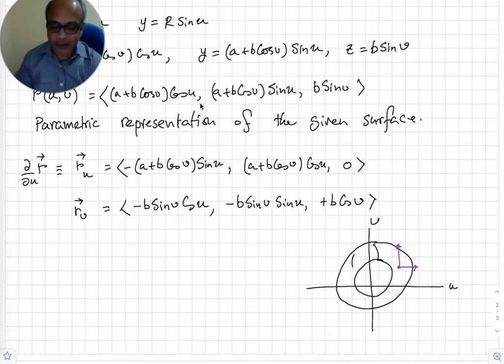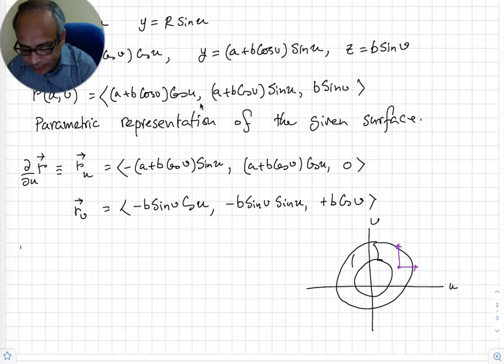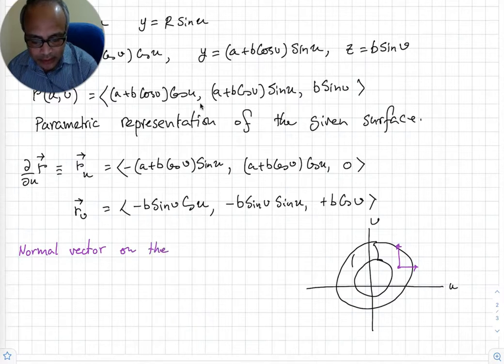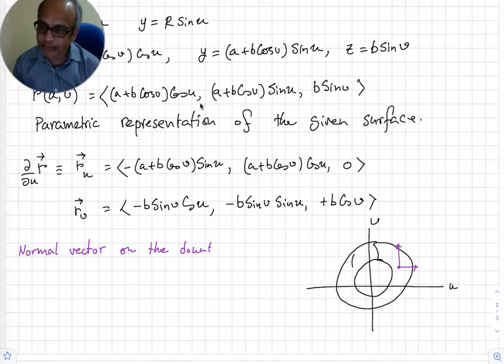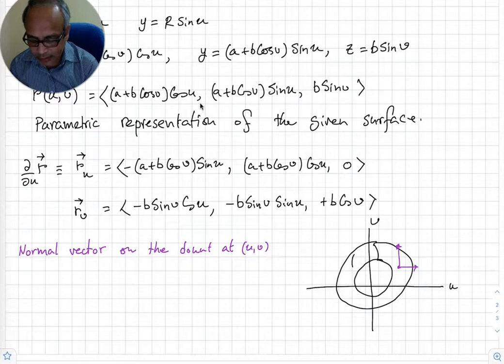Which means we can easily now calculate the normal vector on the donut. Let's call this a donut. At a point (u, v). Let's denote it by n hat. Is that a unit normal? But let's just denote it by n hat.